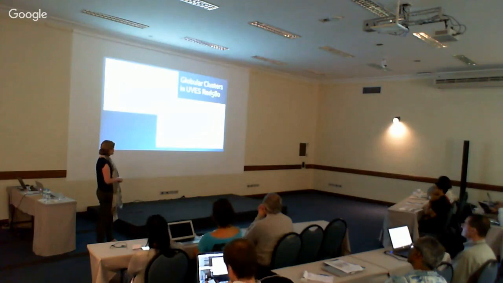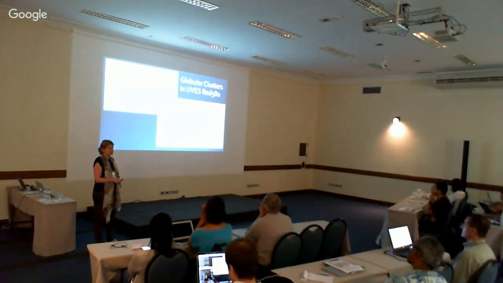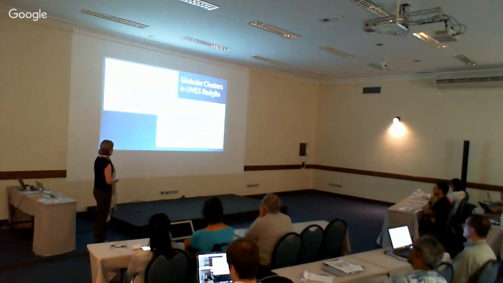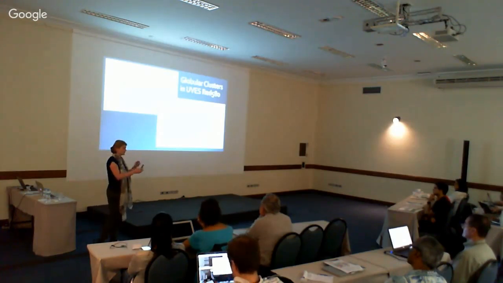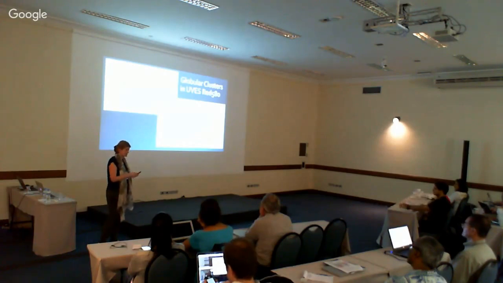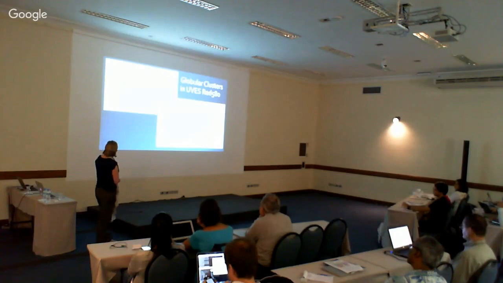Just a look at the globular clusters, and particularly in UVES Red 580, because there's quite a nice sample in there. We had quite a selection of differing numbers of stars. There were a couple of different programs, and we could bring them together. So here we've got Ruprecht, and Omega Cen.